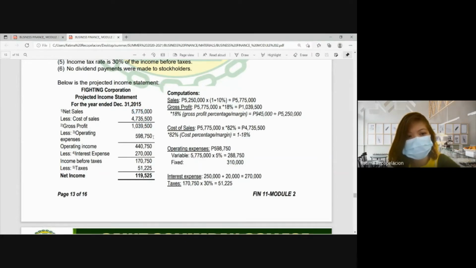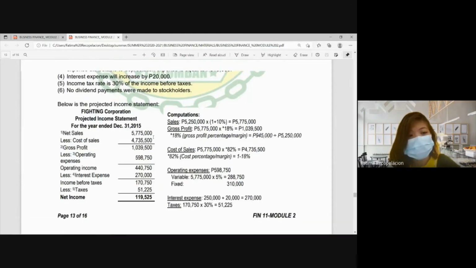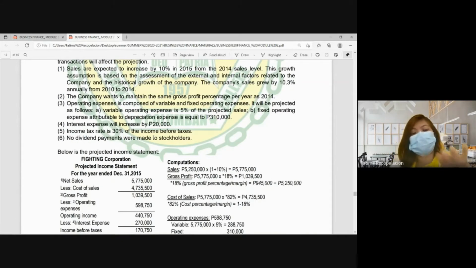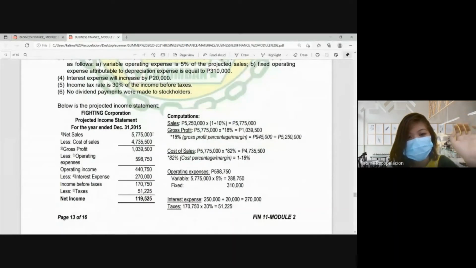Okay. For the next assumption, number 3, it involves the operating expenses. Accordingly, it is composed of variable and fixed, and the operating variable is 5% of the projected sales. So projected sales again is this one. Then you multiply that one by 5%, that is variable.